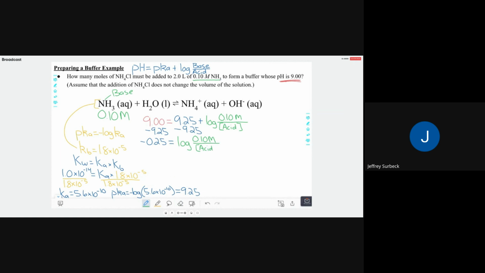Now, I do want to walk through this because right now we have to get rid of this log. So we take the anti-log, or the inverse of the logarithm, which is simply 10 to the power. By taking 10 to the power of the log, we get rid of this. What we do to the right-hand side, we have to do to the left.